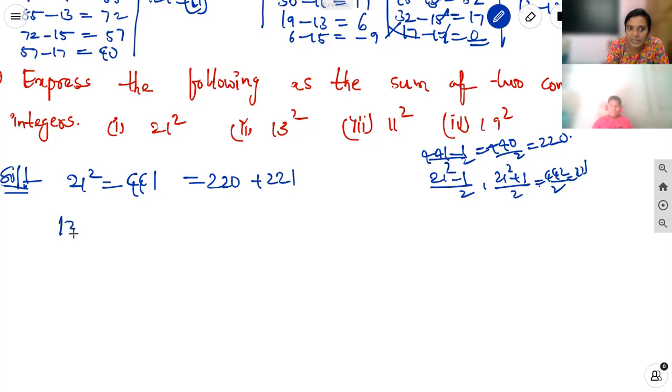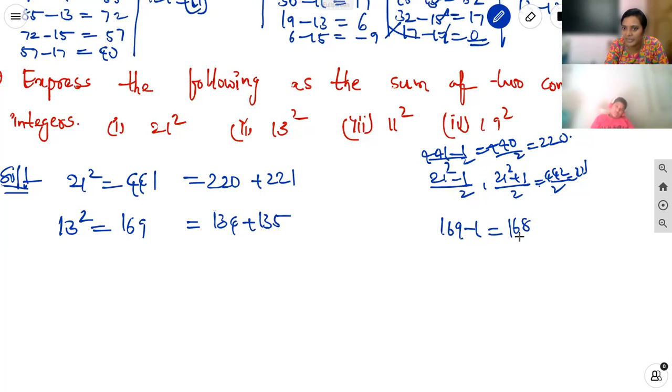In the same way, 13 squared equals 169. 169 minus 1 is 168, divided by 2 is 84, and the other is 85. So 84 plus 85.